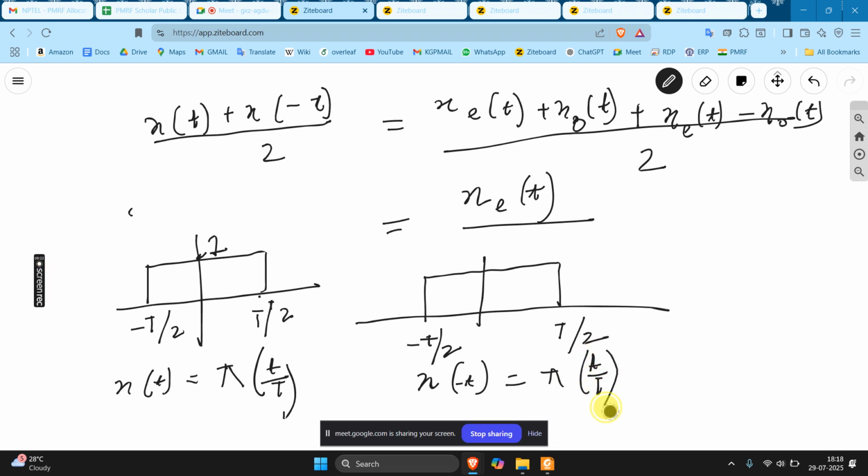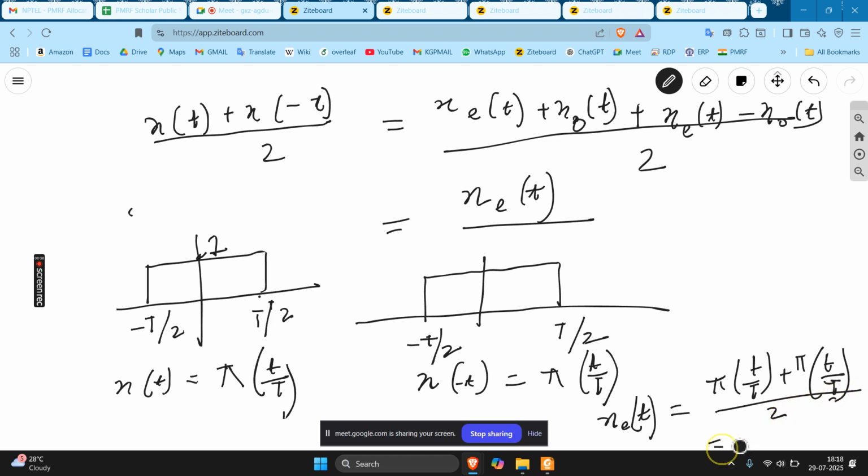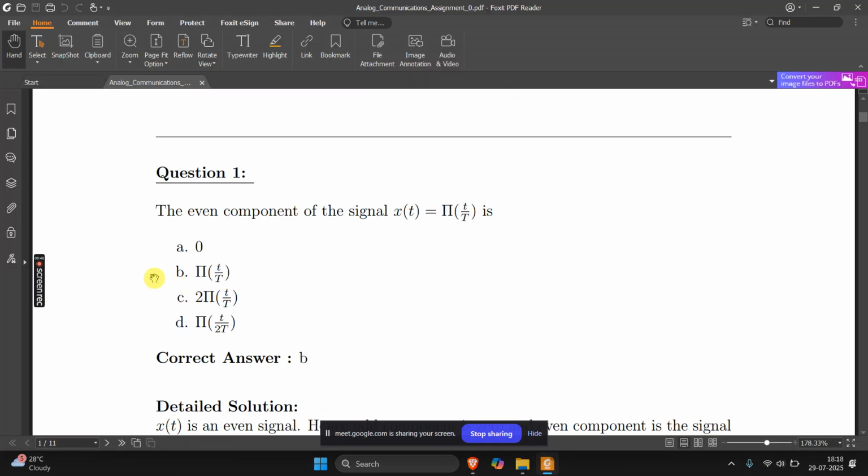So what will be x even(t)? x even(t) will simply be rect(t/T) plus rect(t/T), whole divided by 2. So it's nothing but rect(t/T). So the correct answer is option B. B for Bombay.